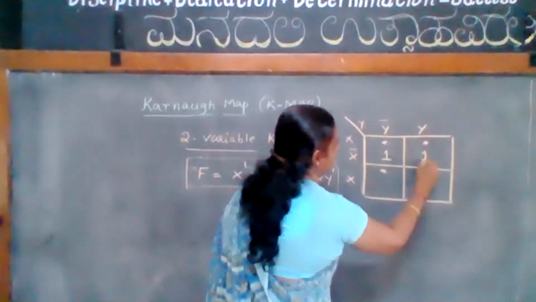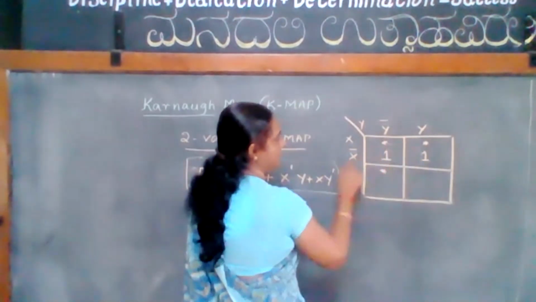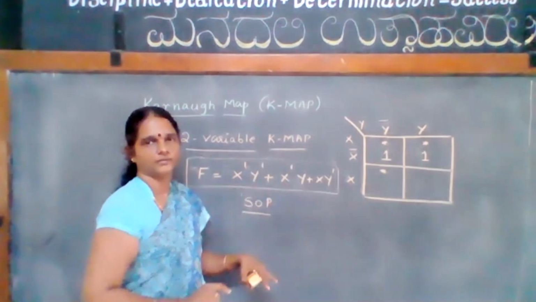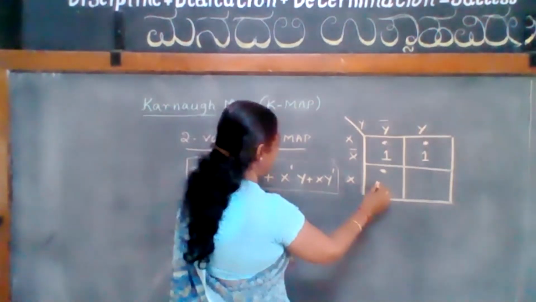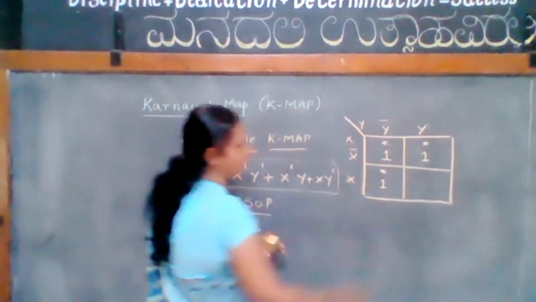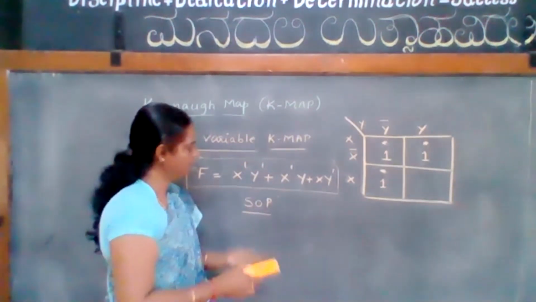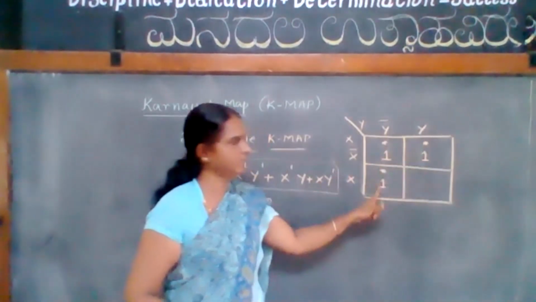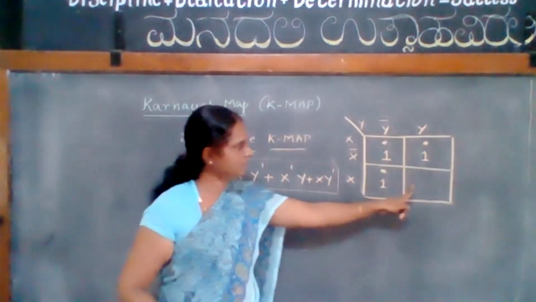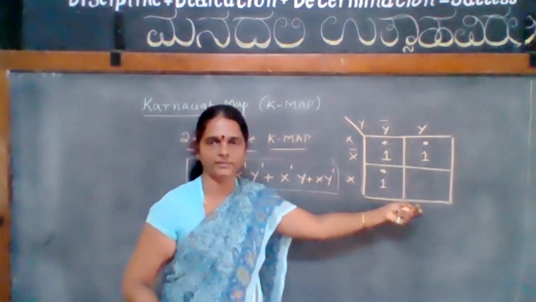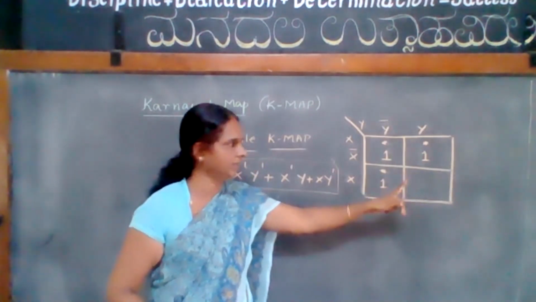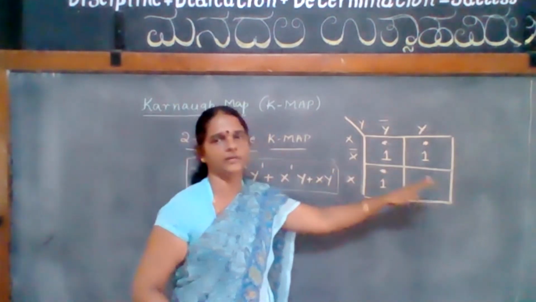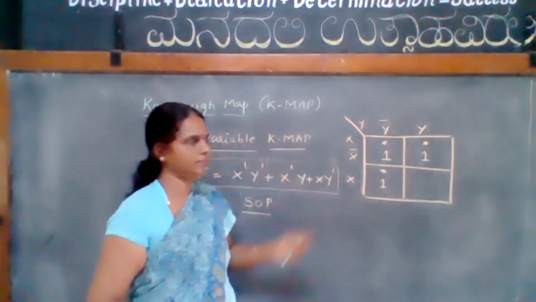The next cell is also 1 because x dash y is given in our expression, and the third cell is also written as 1. So all these sum of products are represented with ones in our K-map. Rest of the cells can be left blank, or we can fill them with zeros. Even if you are not writing anything in those cells, it's not a problem.